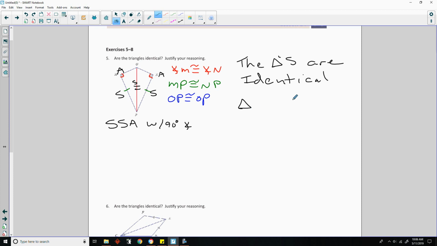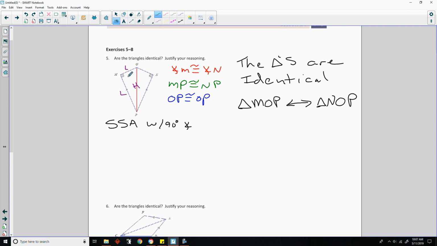So my triangle correspondence is going to be triangle MOP corresponding to triangle N, then OP, since M goes to N. Now there's another name for this, so let me erase everything in here. OP is the hypotenuse, and this is a leg, and this is a leg.